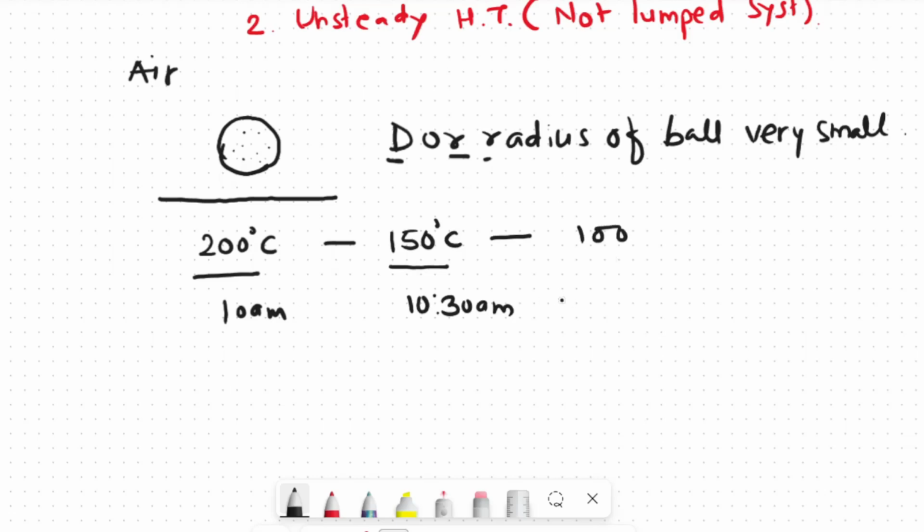After 11 a.m., we found that the temperature is 100 degrees Celsius. But the temperature is uniform inside the ball, or we can say the temperature is constant throughout the ball.